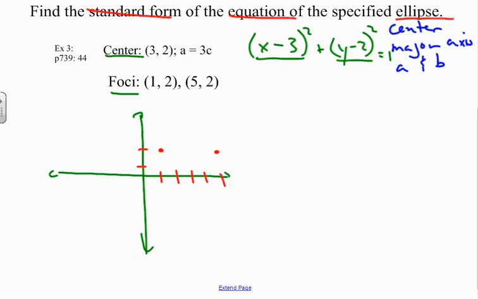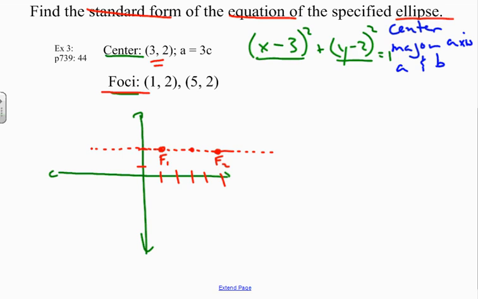Once again, the major axis is located where the foci are, along with the vertices. What we can see right here is the foci on a horizontal axis at both of these spots. You can also verify that right in the middle is our center, with focus 1 and focus 2, at 3, 2, like it stated before.